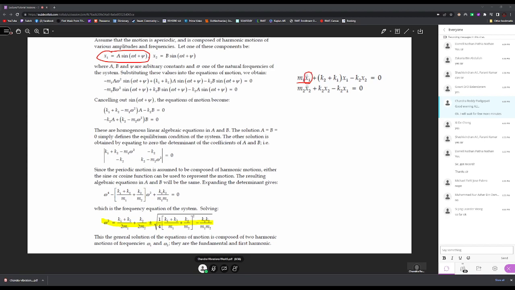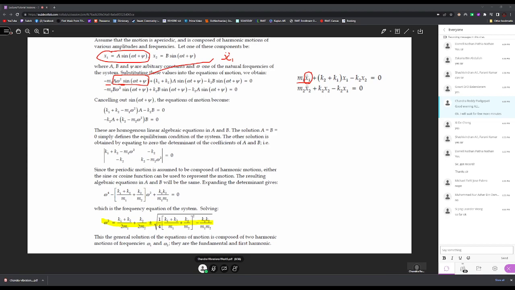When you differentiate the first time, you get A omega cos omega t plus phi. If you differentiate the second time, x1 double dot will be minus A omega square sine omega t plus phi. So this represents x1 double dot, the second derivative of the displacement.